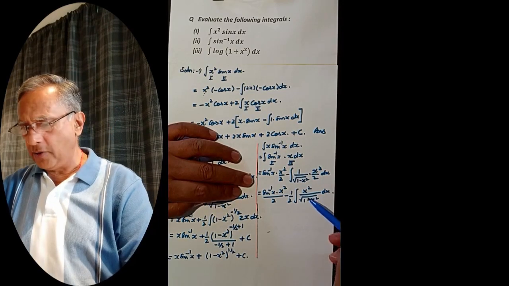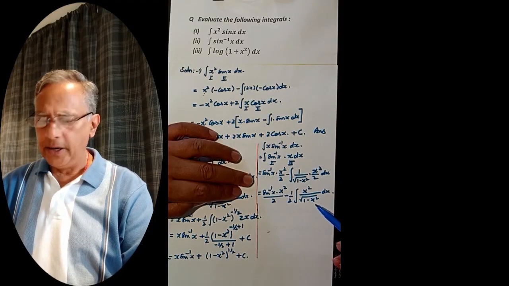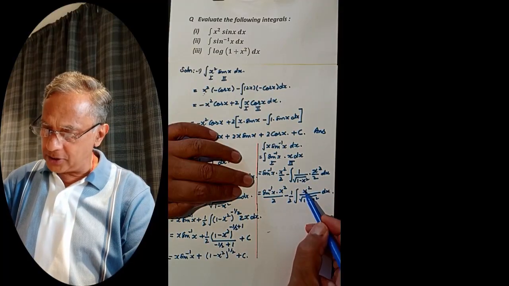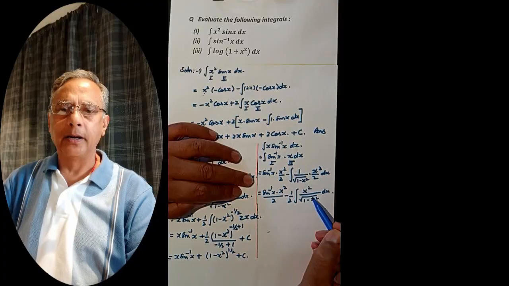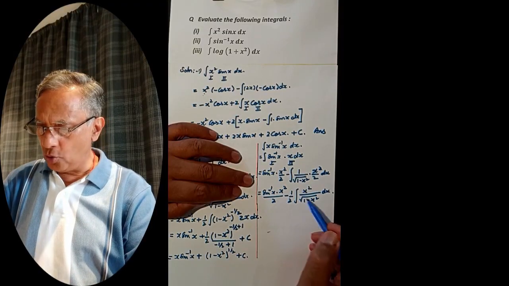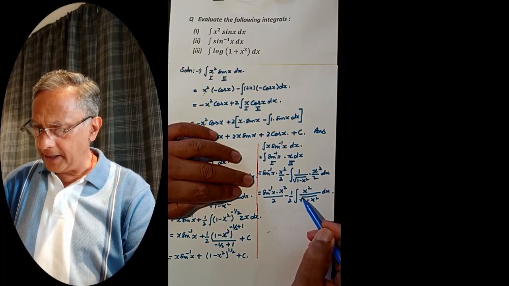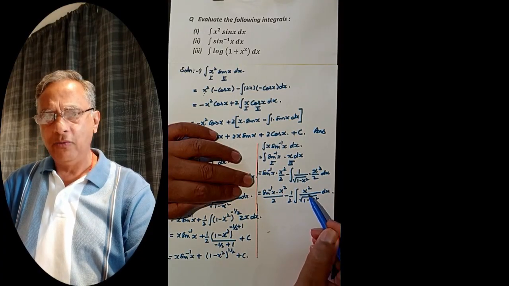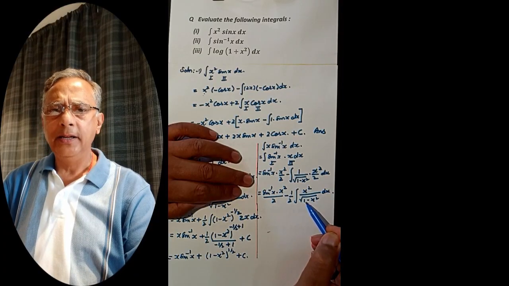Now in situations where we have quadratic over root quadratic, what we do is we express this quadratic in terms of the quadratic in the denominator. If it is under root 1 minus x square, we will express this in terms of this. If it is without under root, even then we will express this in terms of the quadratic in the denominator.